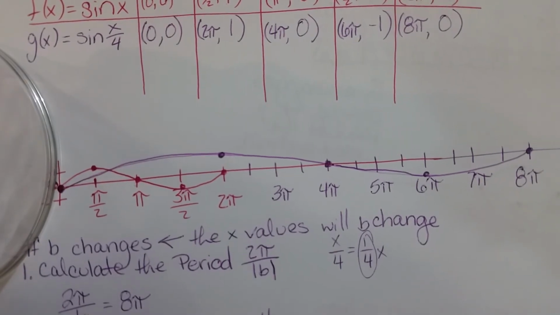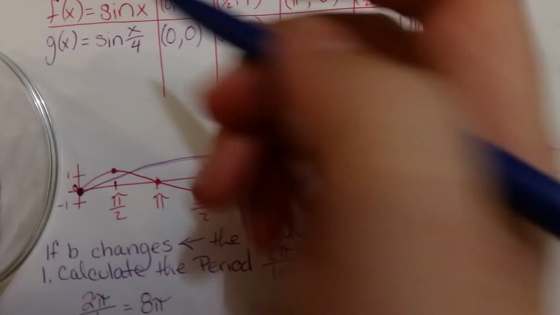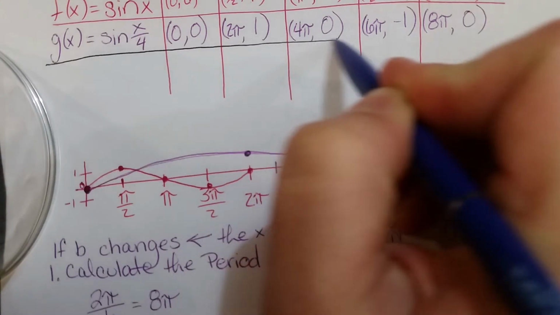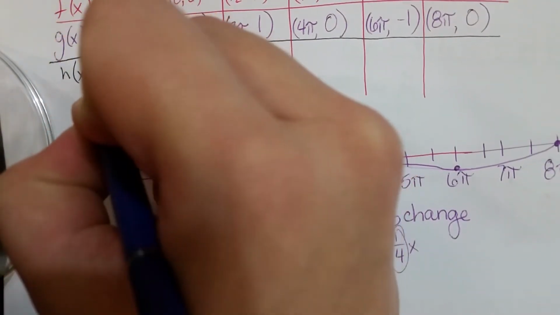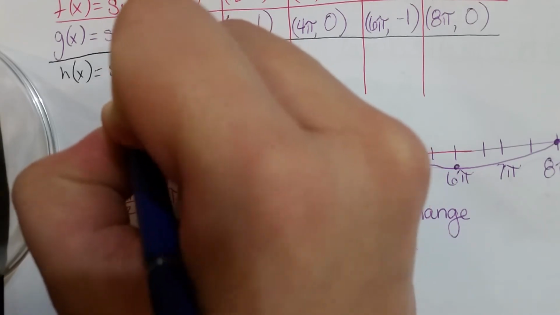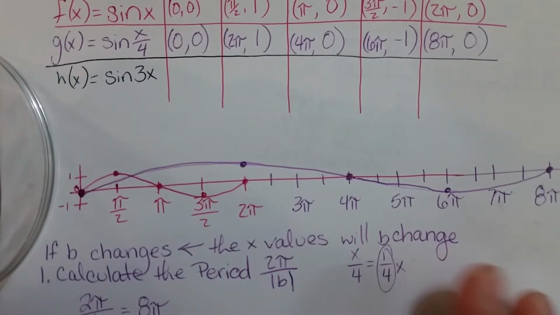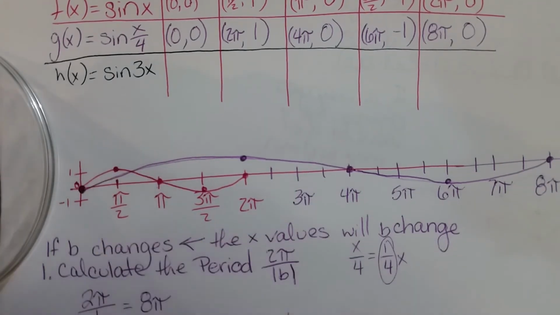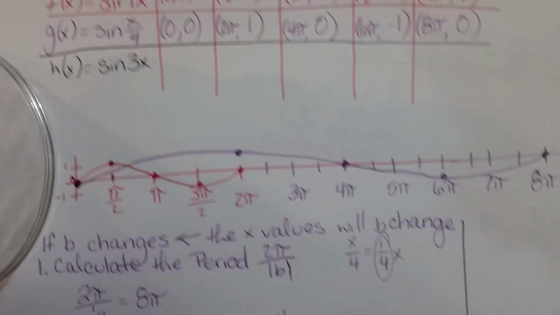All right, so I think we should do one more example of this. This time I'm going to use, let's say, 3. So the first thing I need to do is calculate the period. So I'll come down here and I'll do that.